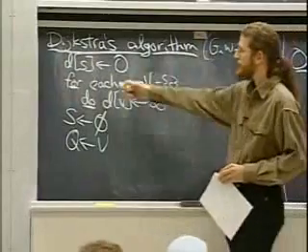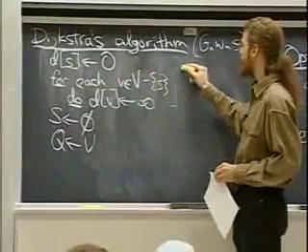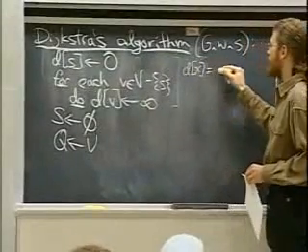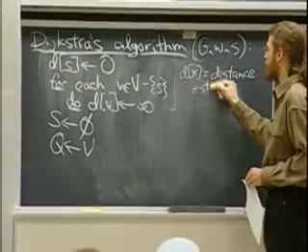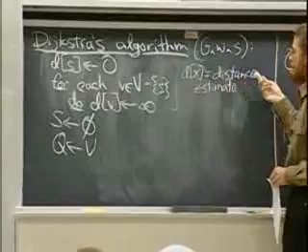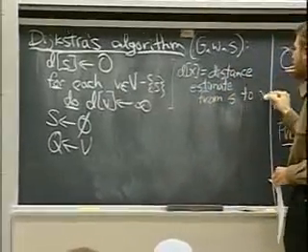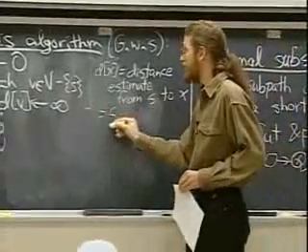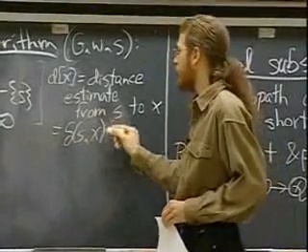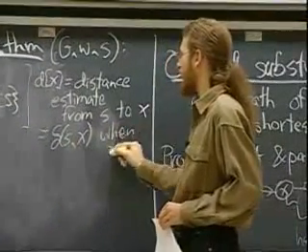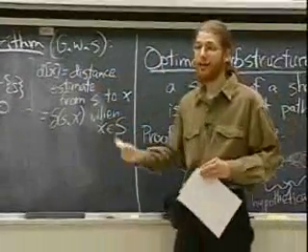So this D is some array indexed by vertices, and the idea is that D of x is the distance estimate for x, so from S to x. So in particular, it's going to equal the real shortest path weight from S to x when we've added x to our set capital S.